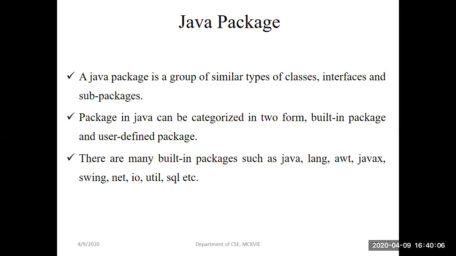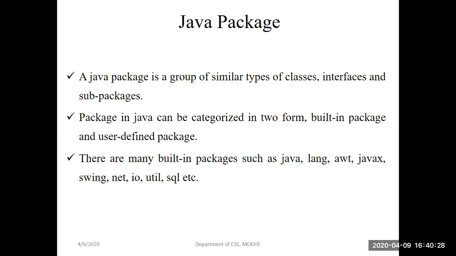So a package not only consists of classes, it may consist of some interfaces. We already know what an interface is, and it may consist of some sub packages also.